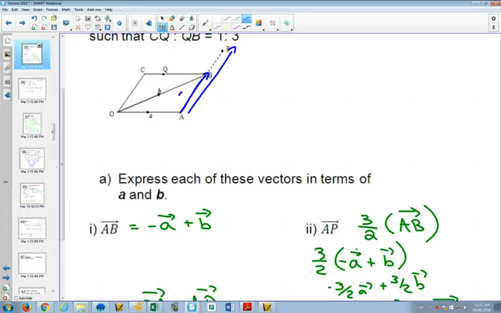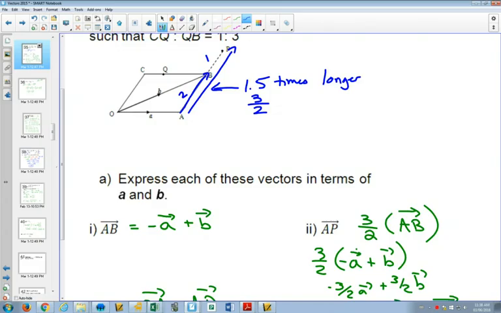Because this length was 2 and this length was 1, does it make sense that this new line is 1.5 times longer? Or if you add this all up, the total length is 3 over the 2. 3 over 2 is the same as 1.5.